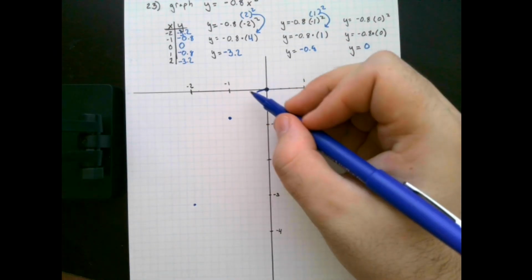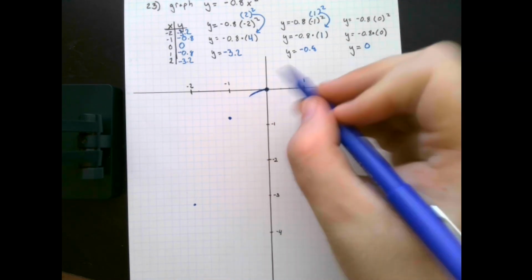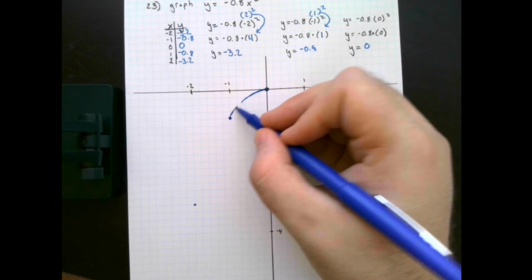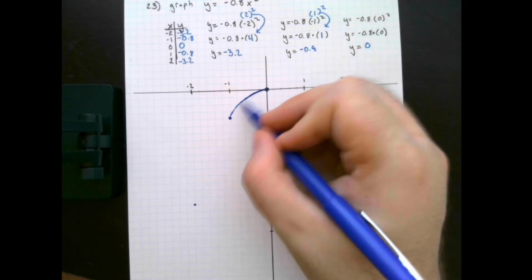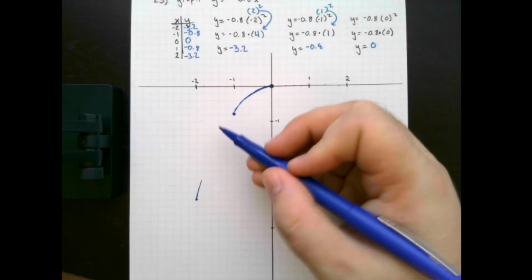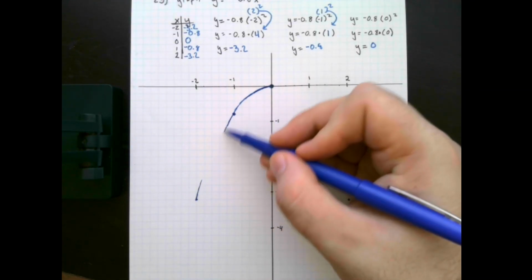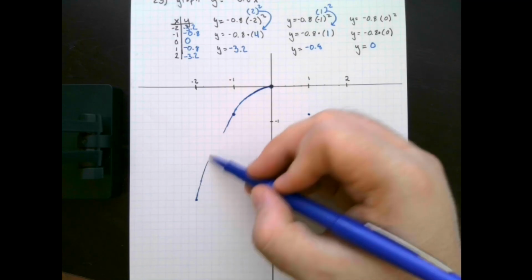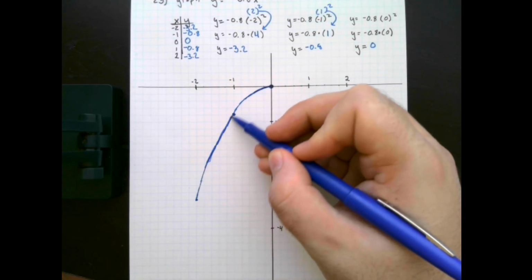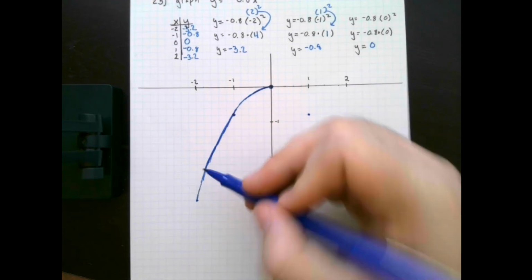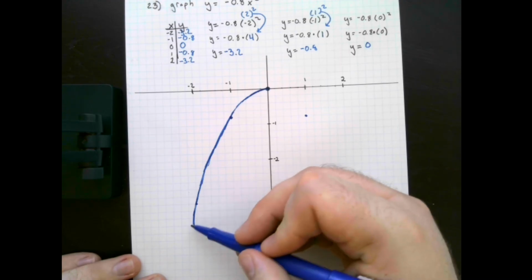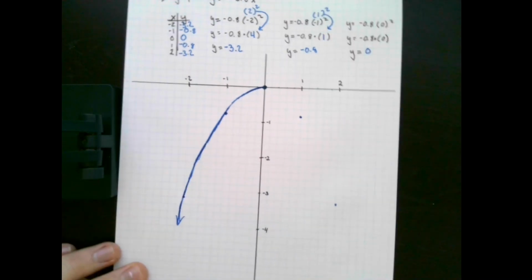gradual curve as you're going through. And it slowly gets steeper as time goes along. Sort of like that.